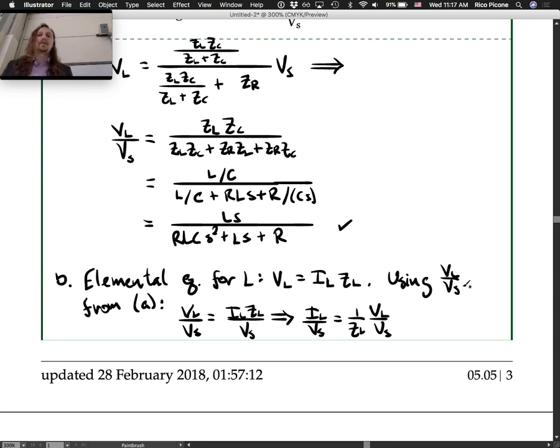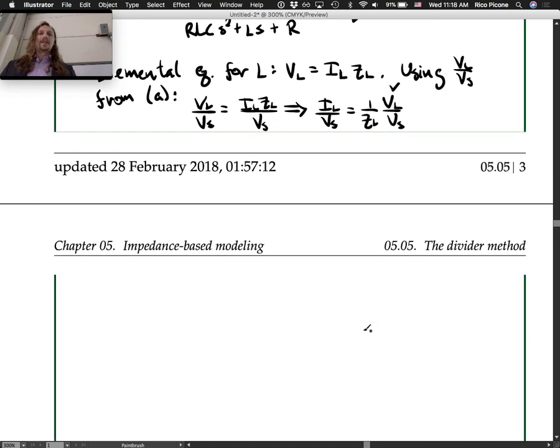So this is the result that we have from before, and we can just plug in our impedance for L, and we're off to the races.